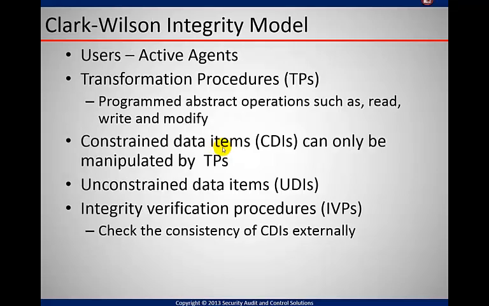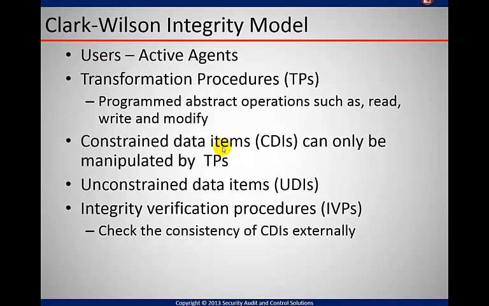Then there's another model we can quickly look at, which is the Clark-Wilson integrity model, where we have users as active agents. We have transformation procedures, TPs, which are programmed abstract operations such as read, write, and modify. We have constrained data items, known as CDIs, which can only be manipulated by the transformation procedures, the TPs.